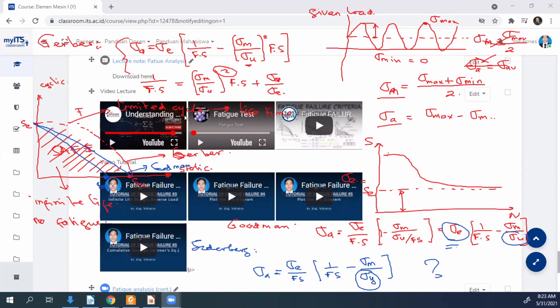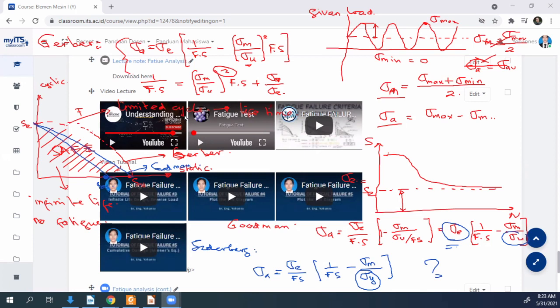During static failure for ductile material, it will deform plastically and the area will decrease, which we call necking, prior to the failure. But for cyclic loading, there is no such deformation.